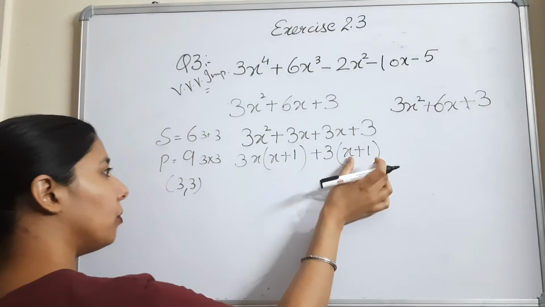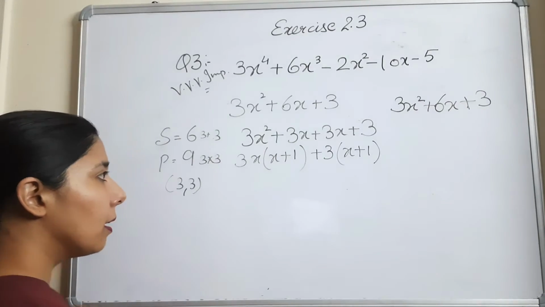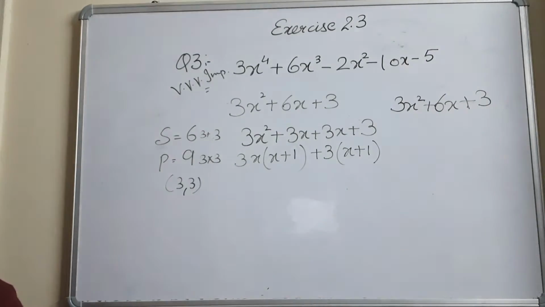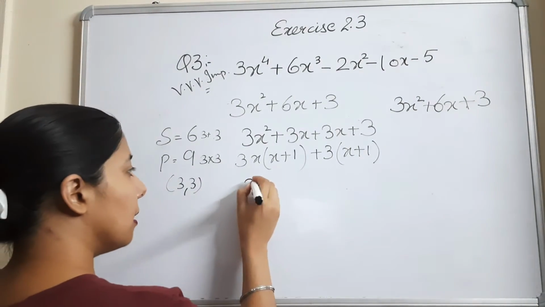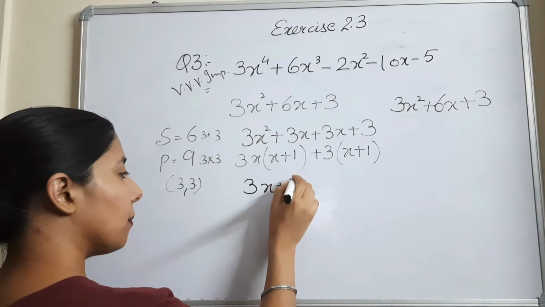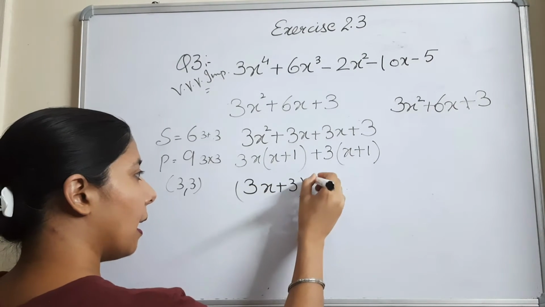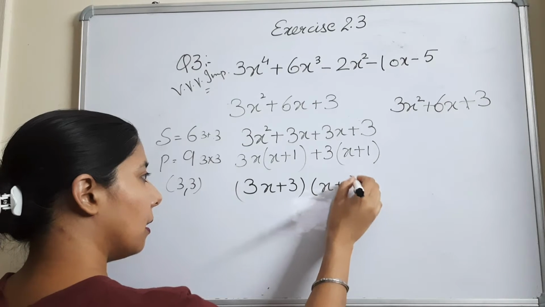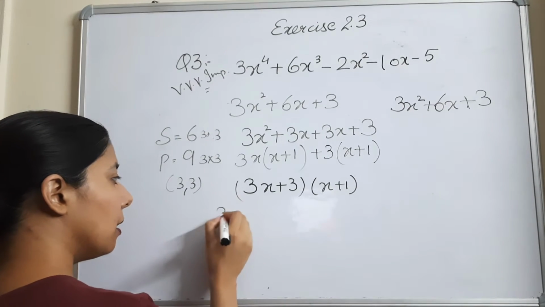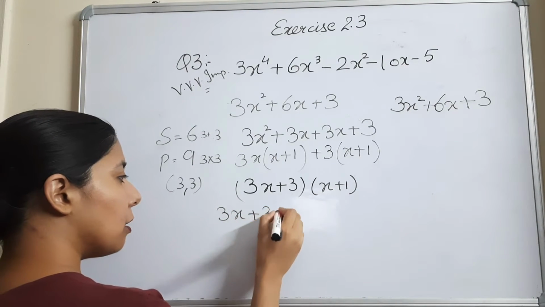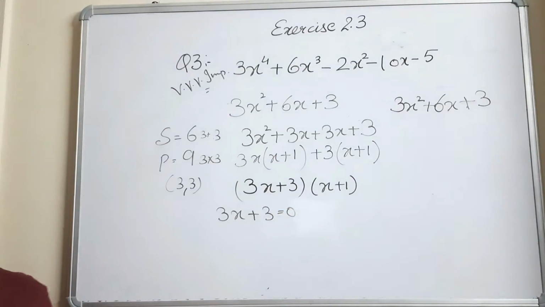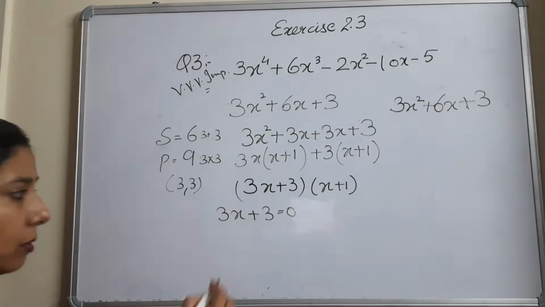Always make both of these factors the same. Now in the next step you will write 3x plus 3 here and x plus 1 here. And for finding the zeros, put 3x plus 3 equal to 0 and next x plus 1 equal to 0.